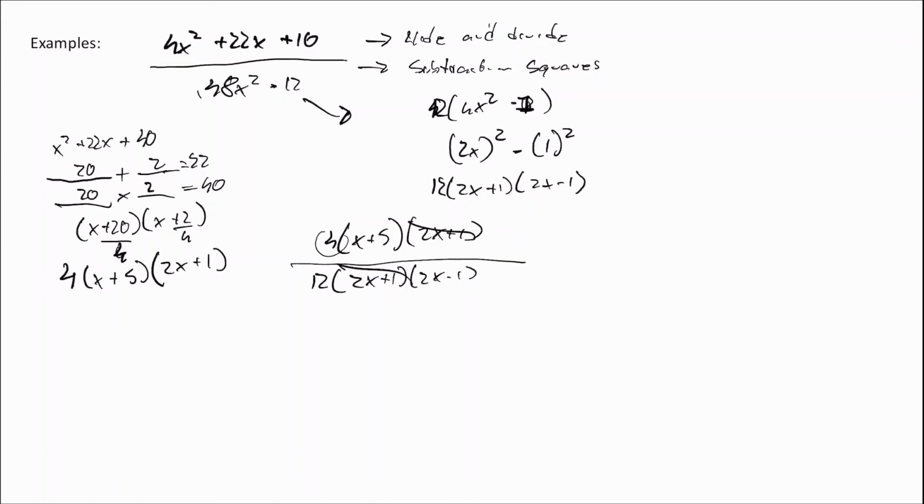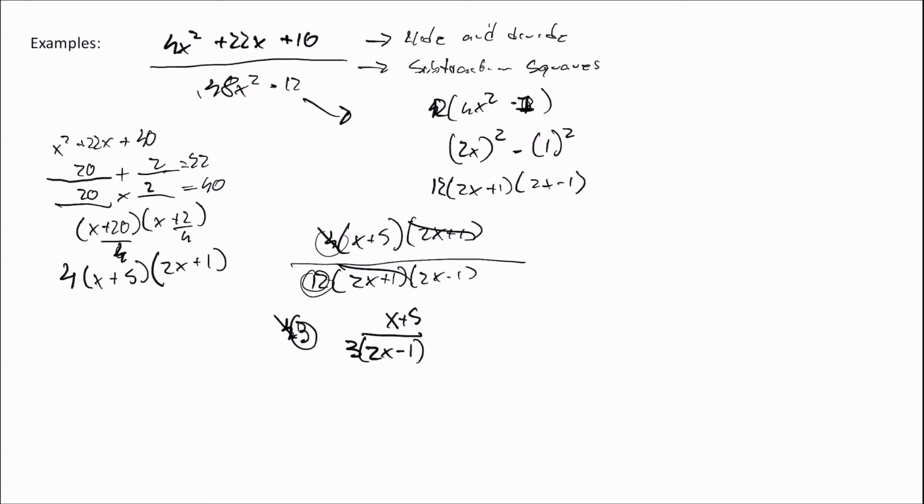And then this 4 and this 12 I can factor out into being 4 times 3. So this 4, coming from this 12, I can cross out with this 4, keeping me just with the 3, which will give me x plus 5 over 2x minus 1. That is my final answer, only multiplied by 3.